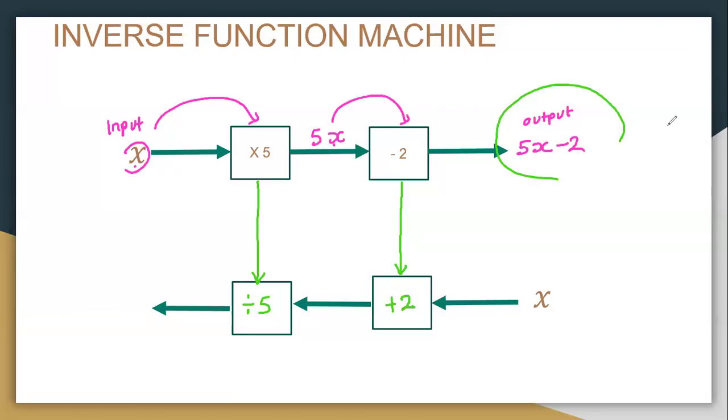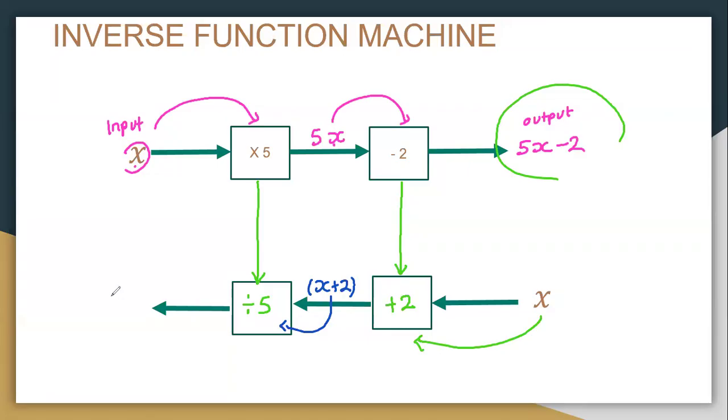Since we are going to get the inverse, I'll put my x back inside. Now, this tells me to add a 2. So when we add a 2, we shall obtain x plus 2. That's what we have obtained here. Now, after getting that, we divide it by 5.